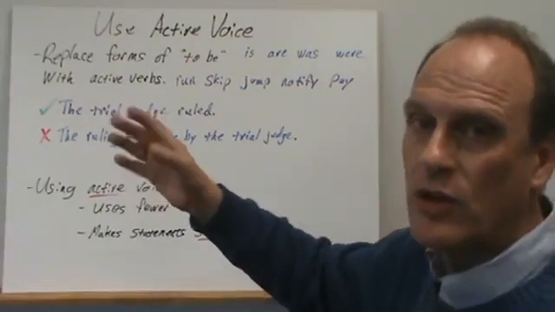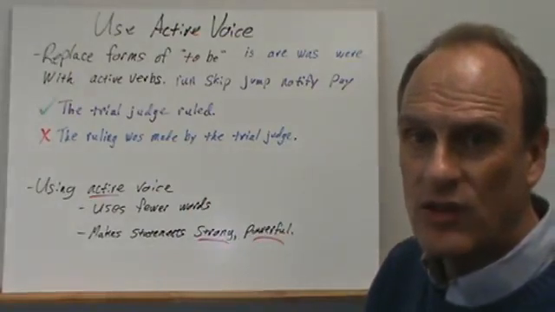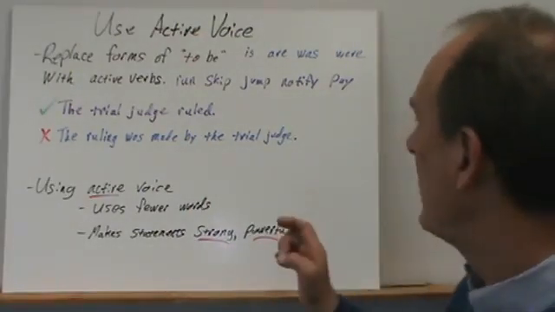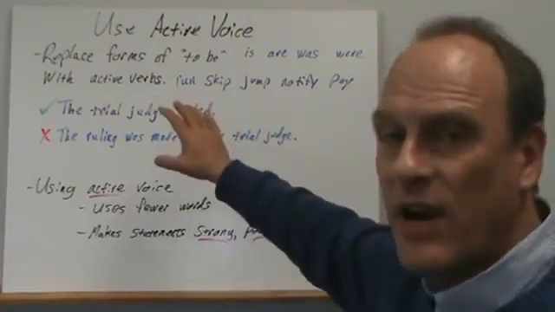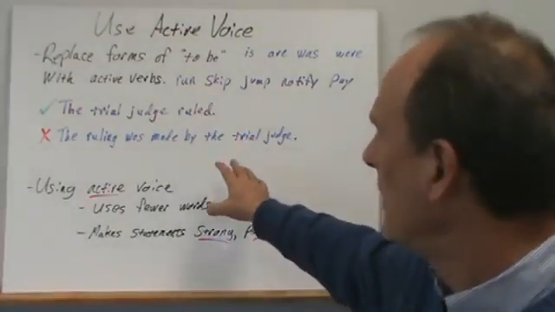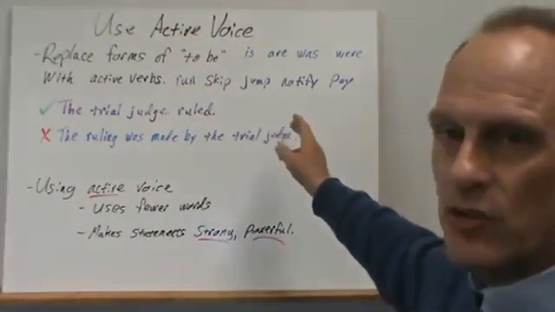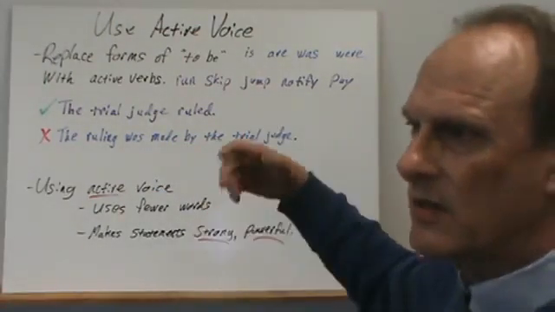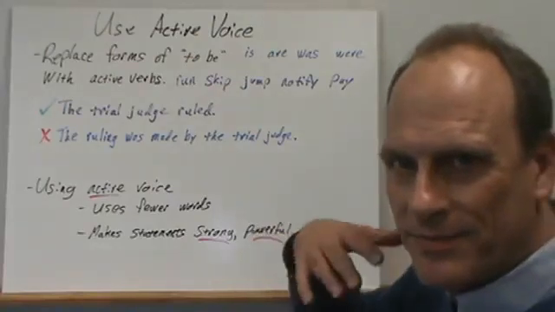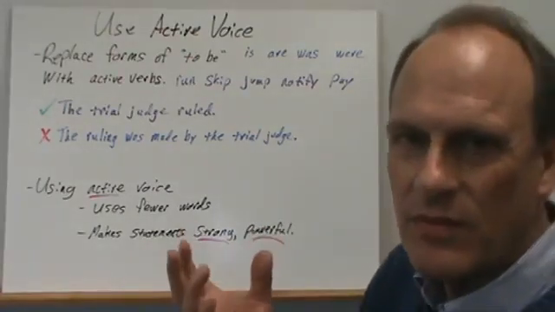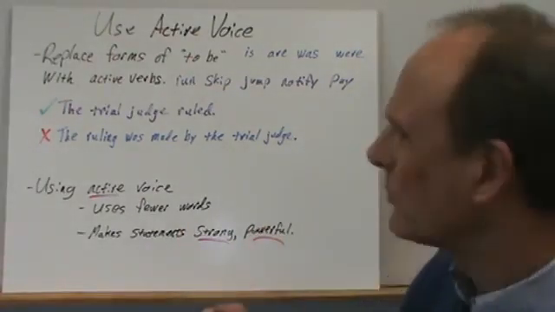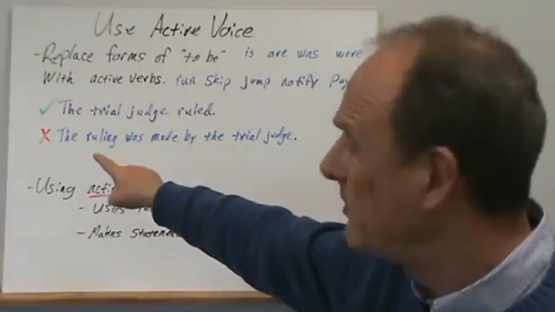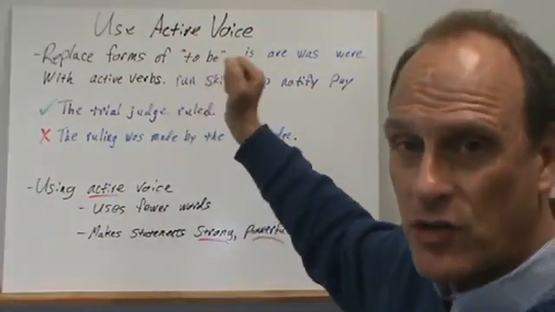We want to not use those as the verb in our sentence, in our writing, but rather use very strong active verbs like run, skip, jump, notify, pay, demand, deliver, active, strong words.